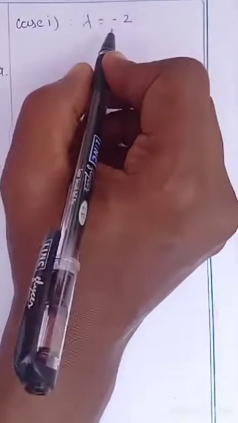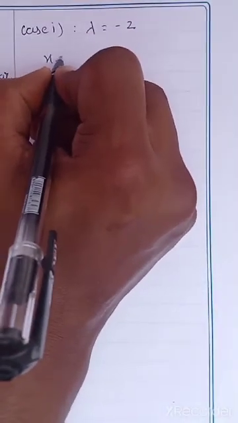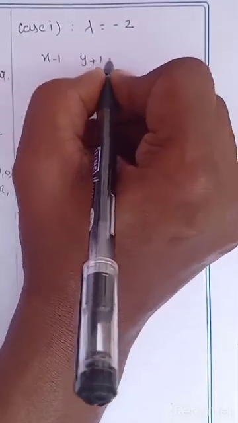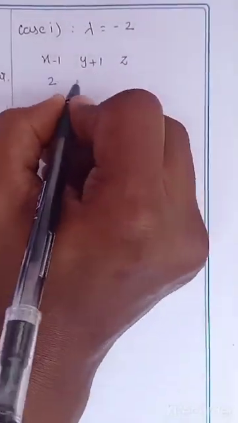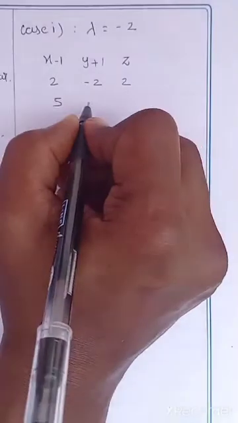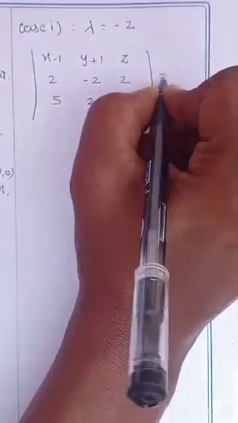Instead of lambda, we have to substitute minus 2. So this equation will become x minus 1, y plus 1, z, with 2 minus 2, 2, 5, 2 minus 2, which is equal to 0.